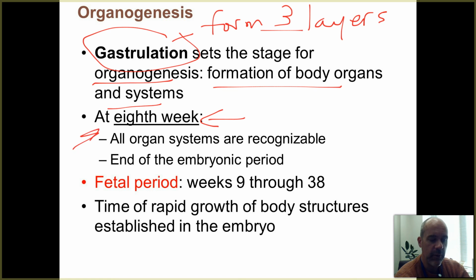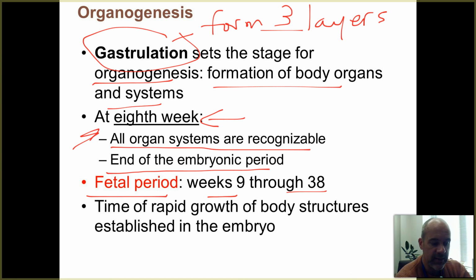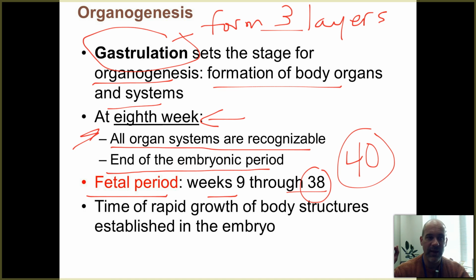But by the time you've had 8 weeks after conception, all organ systems are recognizable, and that is the end of our embryonic period. The fetal period is weeks 9 through 38. And again, typically you think about a pregnancy lasting 40 weeks, but the fetus has actually only been developing for approximately 38 weeks.